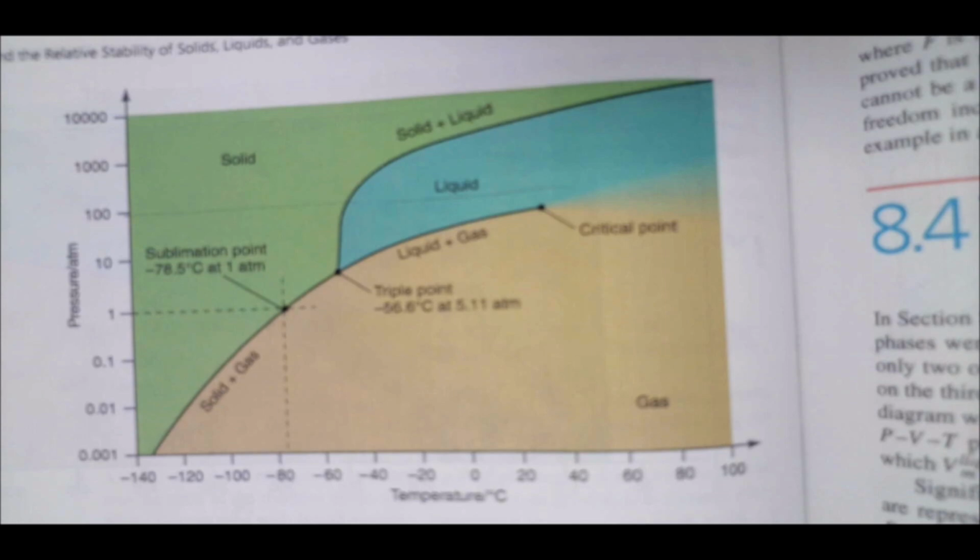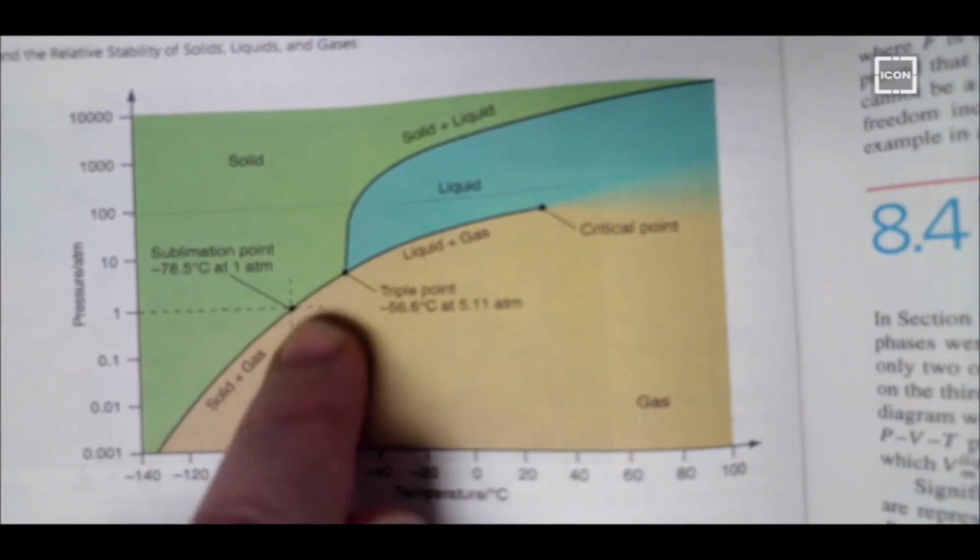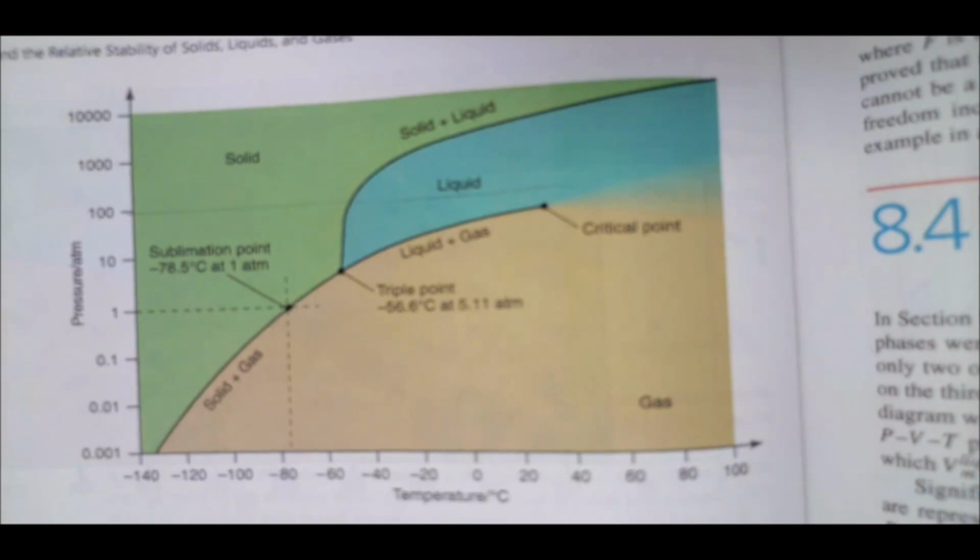And then finally, when we increase from negative 80 to 20, a sublimation occurs. So that really limits it from standard atmosphere, maybe a little bit above standard atmosphere, up to the triple point. So only in that little range of pressure will we achieve sublimation. We're just trying our best to correctly read this.